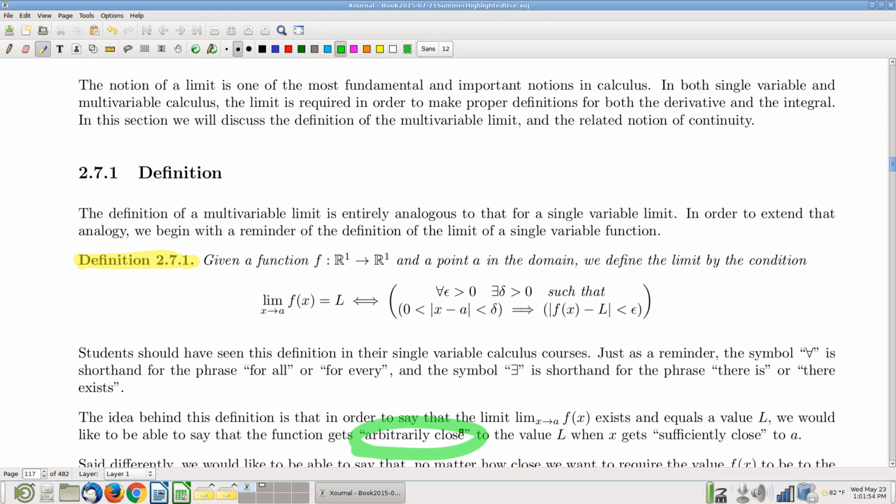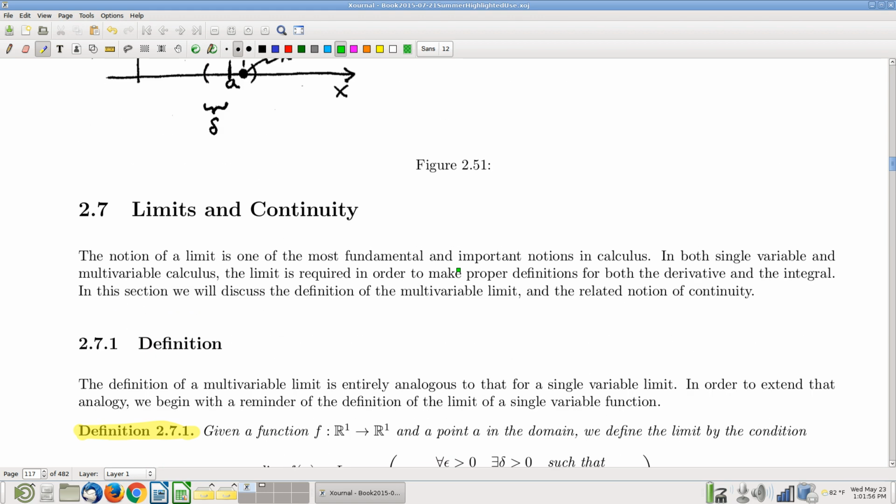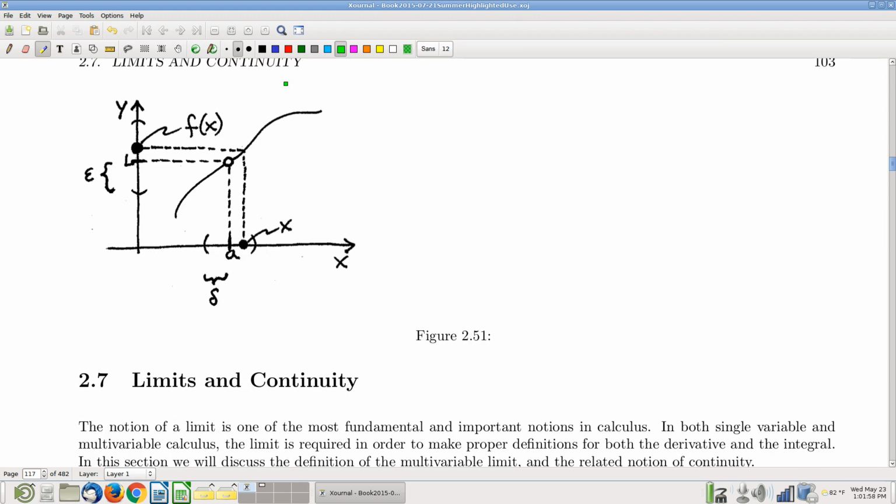So we're going to indicate how close f is to L by looking at that distance and requiring that distance be less than whatever our amount is, whatever that radius is, call it epsilon.